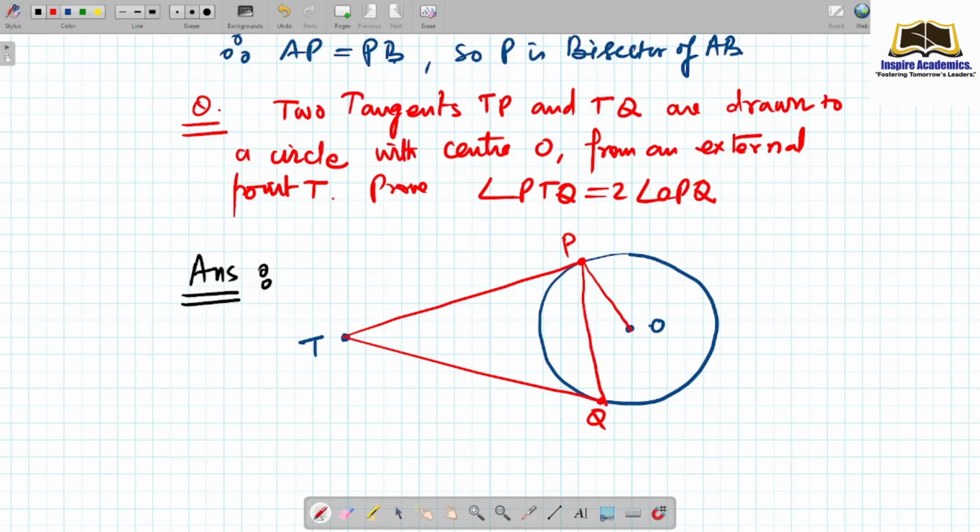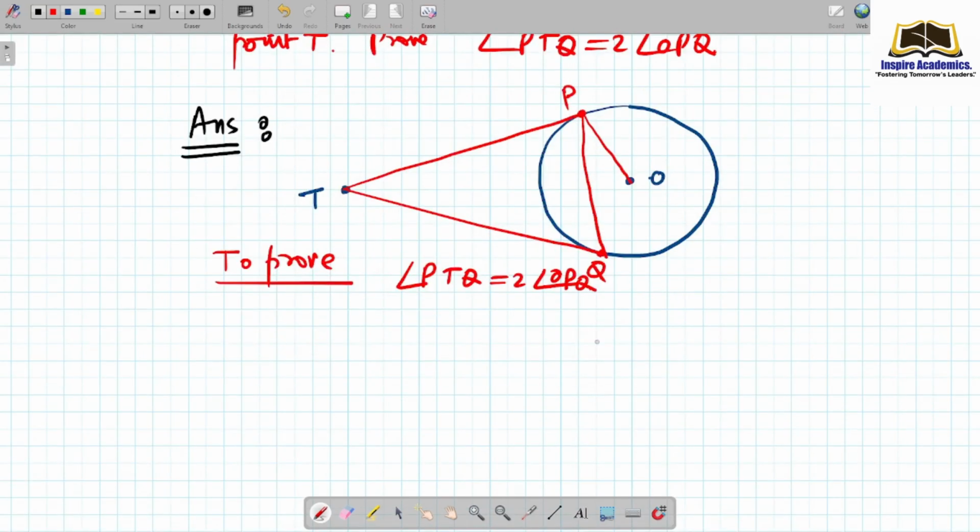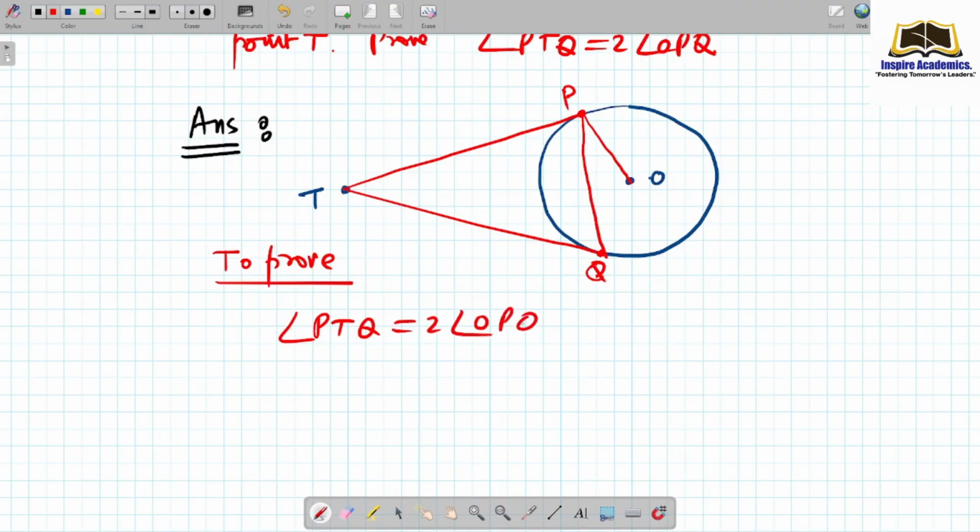Let's now write down what is to be proved. Angle PTQ is twice angle OPQ. Clear? Yes or no? So we can simply write here angle PTQ is twice angle OPQ.